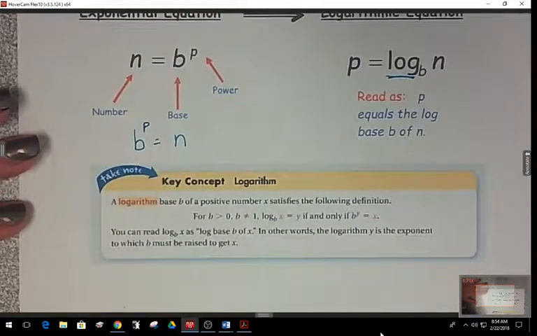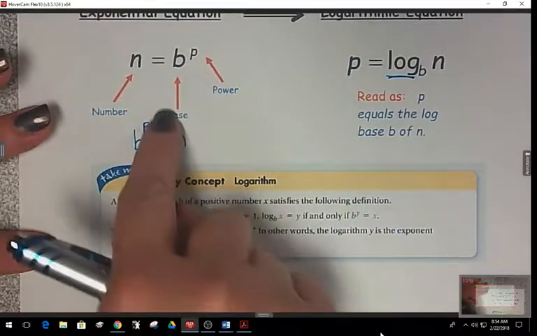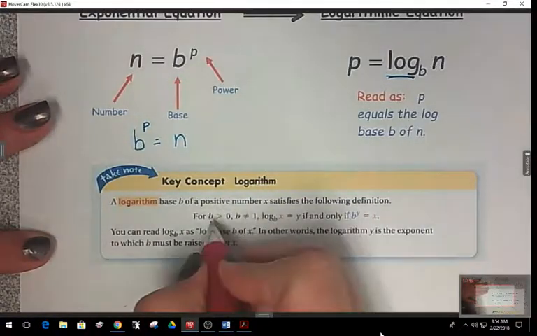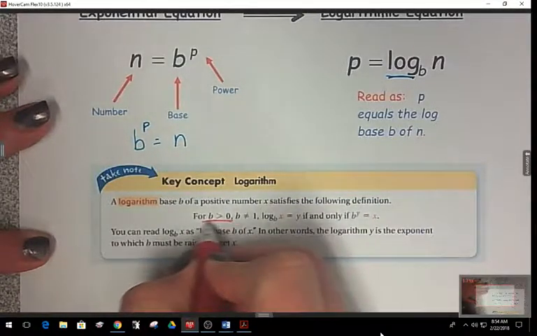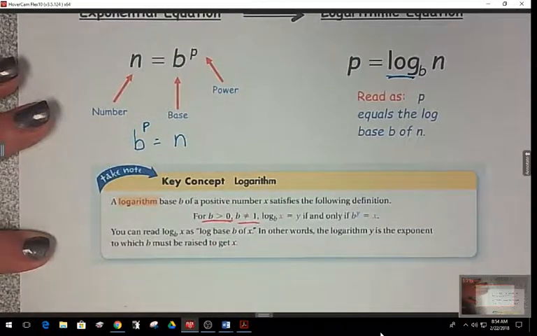So now, in this box, your book gives you some specific information you need to know. It starts out basically telling you what we just did here. But it also tells you that b has to be greater than 0 and b cannot equal 1. Just like with our exponential functions that we worked with in section 7.1 and 7.2.